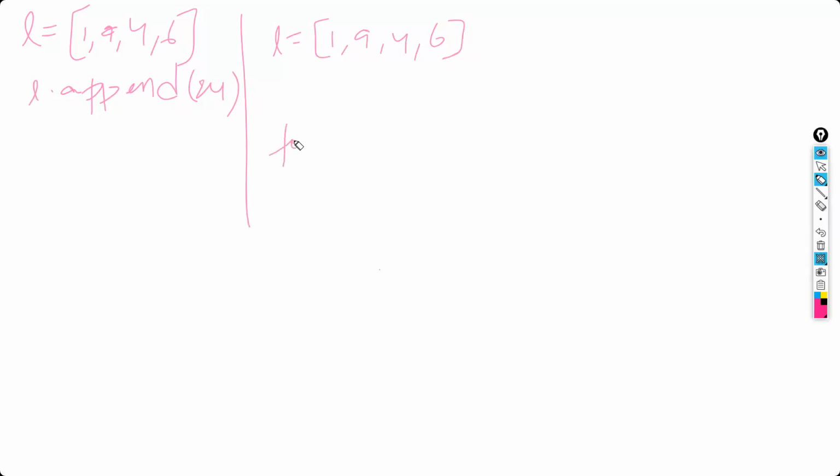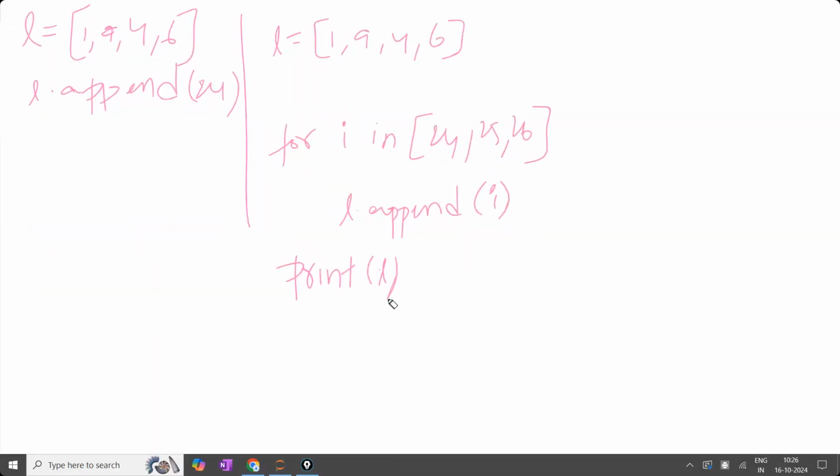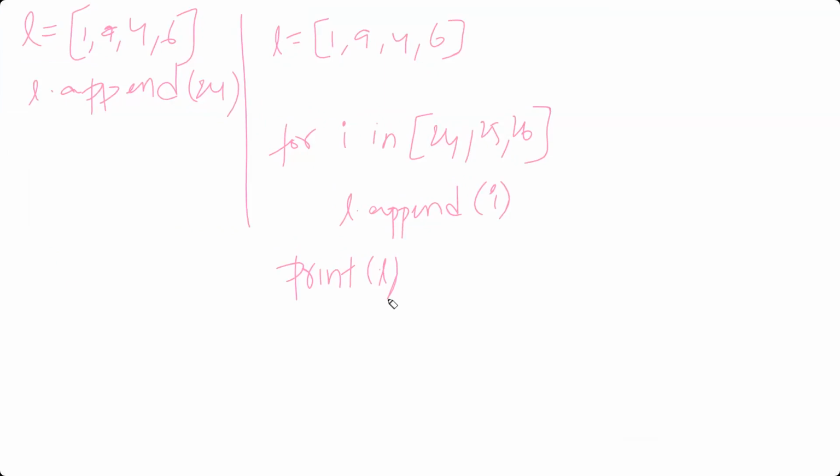Now I'm going to take for i in list of 24, 25, 26: L.append(i), and print L. When you want a single number, you are appending directly, just by using append. When you want multiple, what you are using means for loop. Remember this: multiple means for loop. Single means direct.